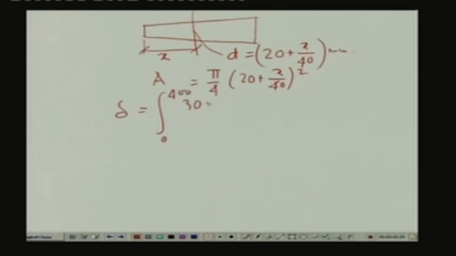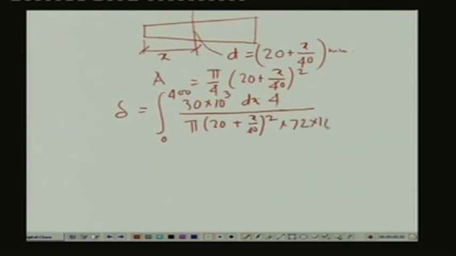So, 30 times 10 to the power 3 Newton, dx, L by A, which is pi by 4 times (20 plus x by 40) squared, times E, which is 72 GPa. So, 72 times 10 to the power 9.